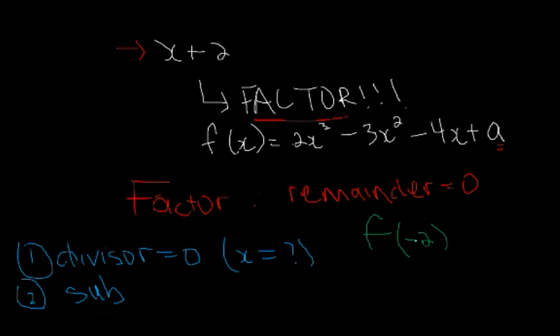So why am I writing it like this? Well, they told us that the function is f of x, but we just found out that the value of x is minus 2. So instead of writing f of x, I can write f of minus 2. And according to them, when I do that, my remainder is supposed to equal 0.